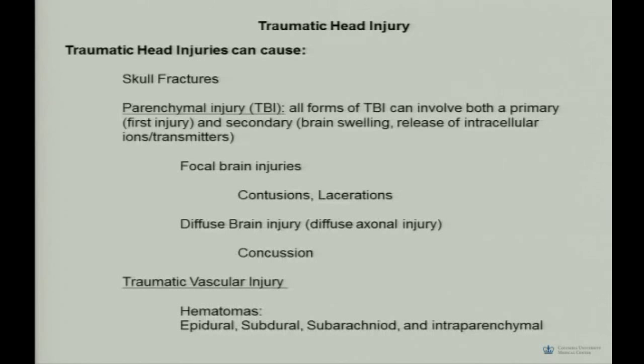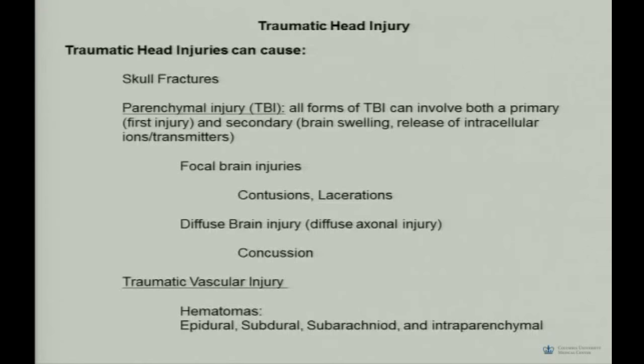So a blow to the head is the primary injury. The secondary injury happens after that blow to the head, and it occurs as a result of brain swelling and the release of intracellular contents as a result of cell death.